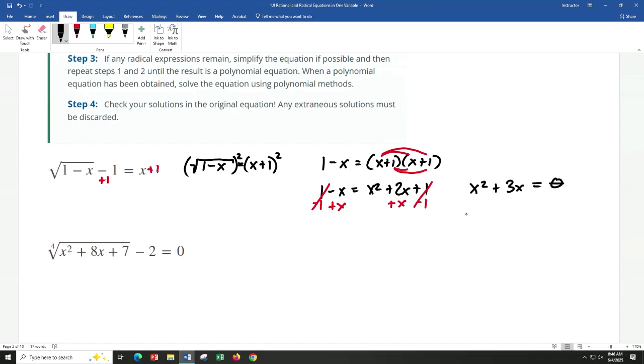Everybody can see that we can factor out an x, okay, and that's going to leave us with x times x plus 3 is equal to 0. Let's go and solve this as x is equal to 0 and x plus 3 is equal to 0. And so our answer here is going to literally be x is equal to 0 and -3.